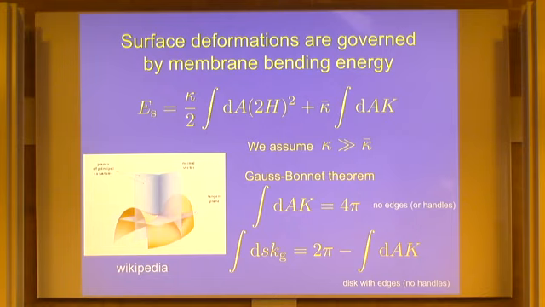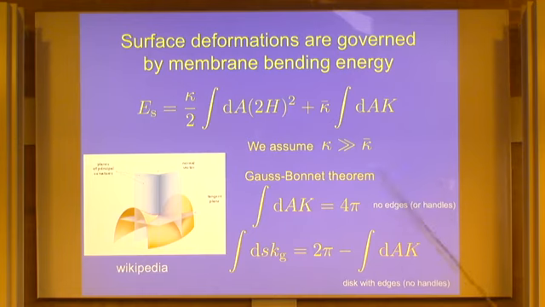It's actually not all that thin. Remember I said that the thickness is about a micron. The size is not fixed. There can be big membranes and little membranes, but they're not enormously large compared to their thickness. We're just going to set that aside and see how far we can get by using this Helfrich model.